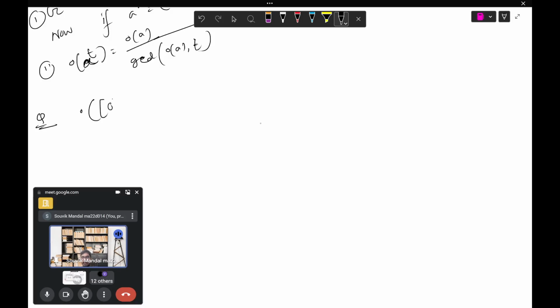Calculate the order of the element 6 in Z14. Sorry, in Z14, calculate the order of the element.